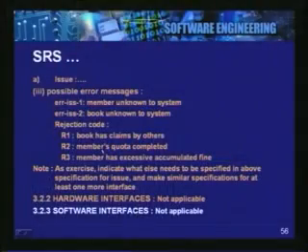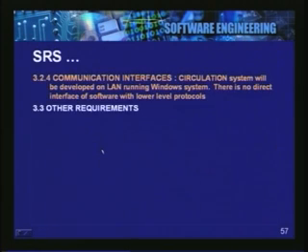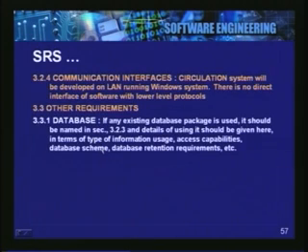We then indicate hardware interfaces, which are not applicable in this case. Software interfaces are also not applicable because this is a standalone system. There are no communication interfaces as such in this application. We then note down any other requirements in IEEE format. Some indications are given of what kind of requirements you should write down here.